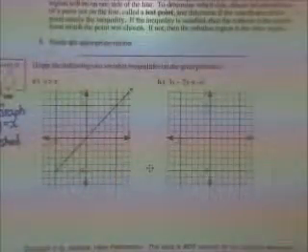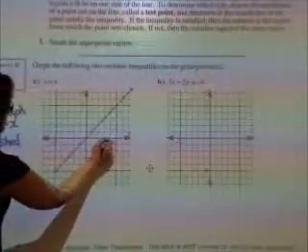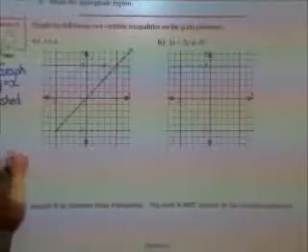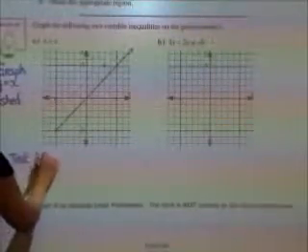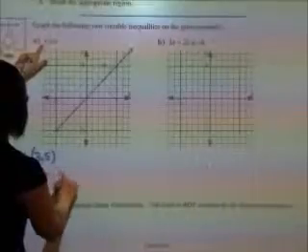Then I'm going to pick a test case. So I pick a point that's not on this line, such as, let's pick 3 and 5. So that's what we're going to test. If I input 5 in for y and 3 in for x, is that statement 5 is greater than 3 true or false?